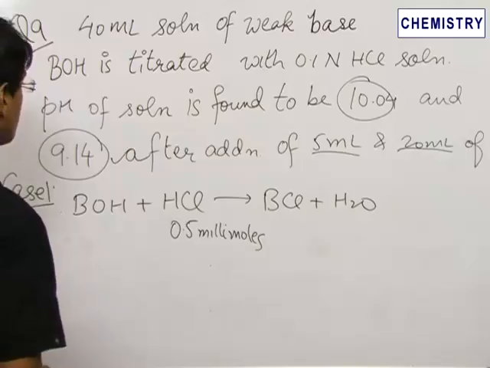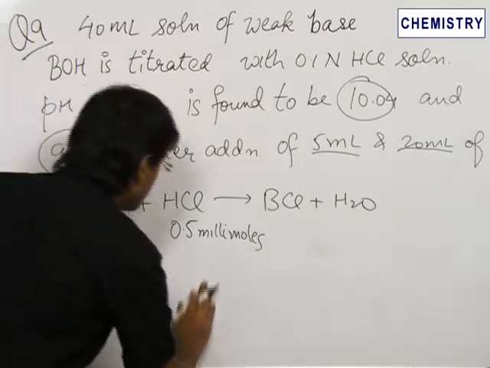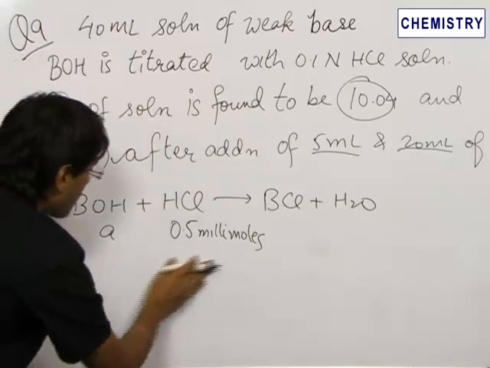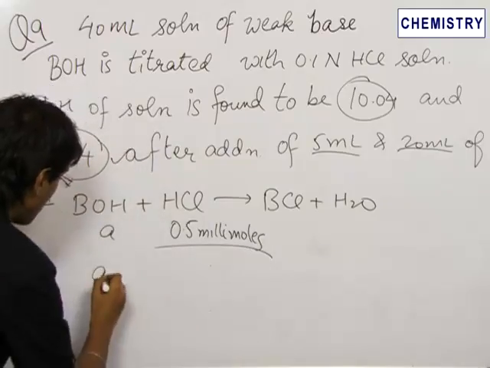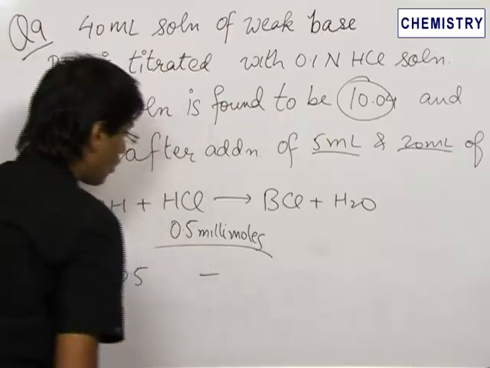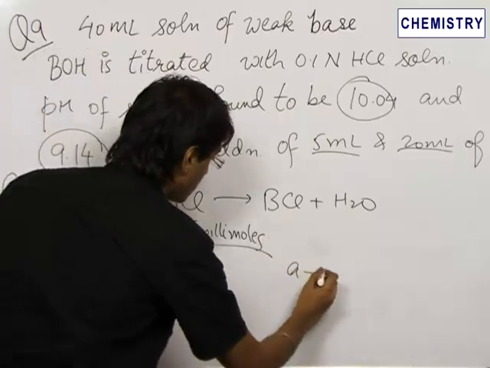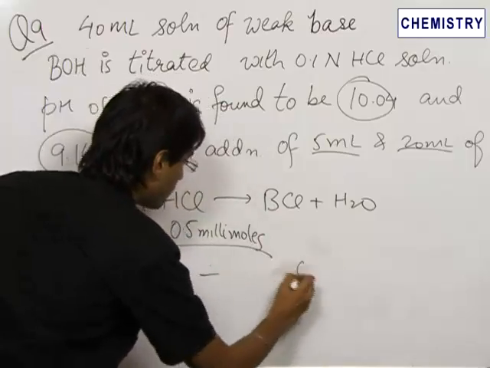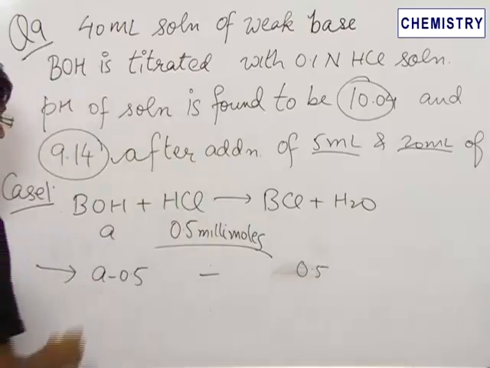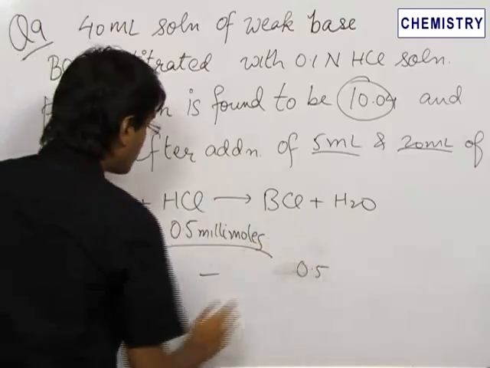And for BOH, let us consider the initial number of moles to be equal to A. If HCl gets completely reacted, we have A minus 0.5. This gets 0 and this becomes 0.5. Mind you, these are the number of millimoles of BOH and BCl.